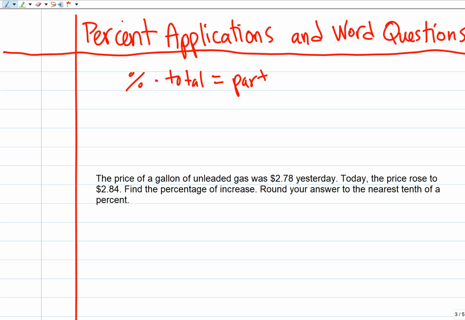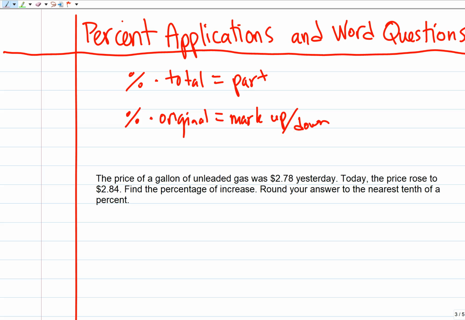So we do have a couple of versions of this. I can have the percent times the original price will give us the markup or markdown. So if we know the percentage, then I can figure out what the markup or markdown is.